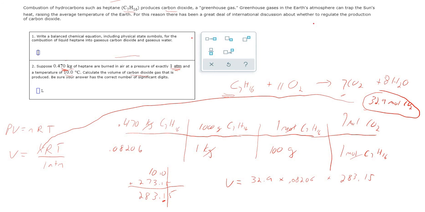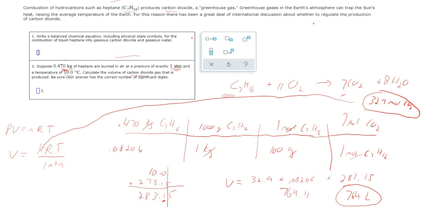So let's do that real quick. 32.9 times 0.08206 times 283.15, and that gives me 764.4. So I have 764.4, and with 3 sig figs, that would be 764 liters. And there is my answer.